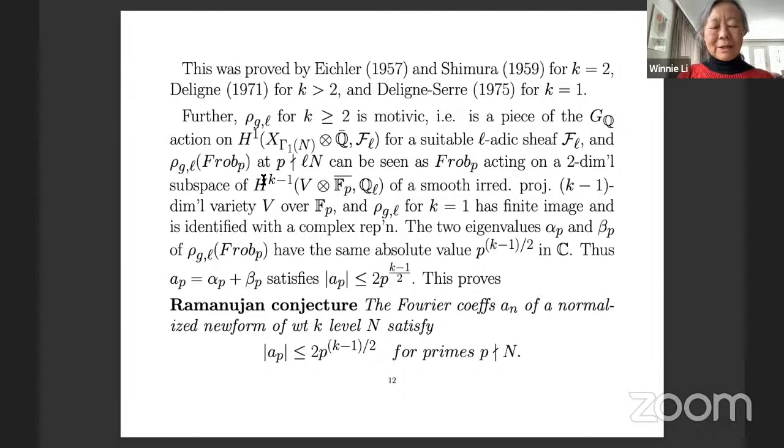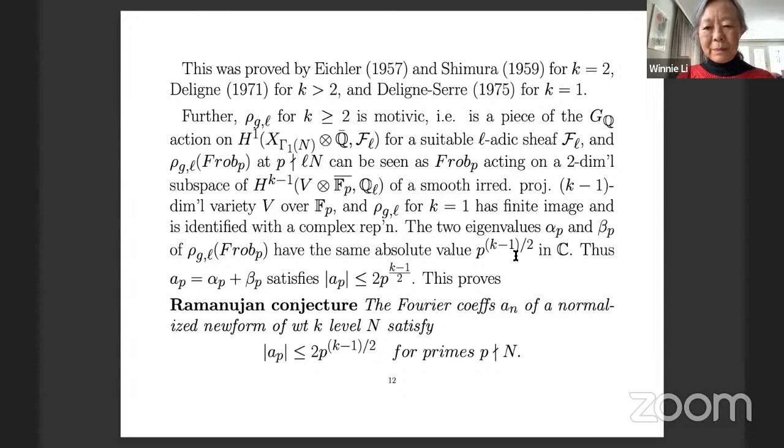This second way of viewing it is very important. It means that the eigenvalues of this Frobenius at p satisfy the Riemann hypothesis, namely the two eigenvalues of Frobenius have the same absolute value, in this case p to the (k-1)/2.